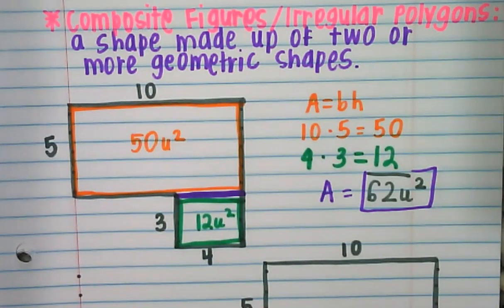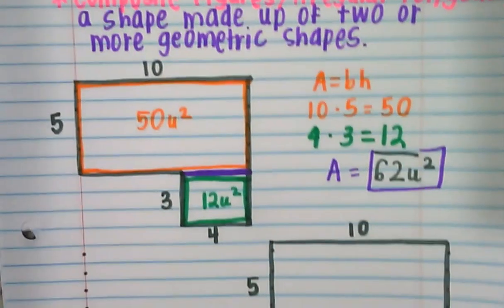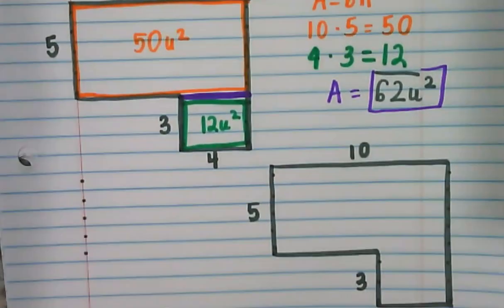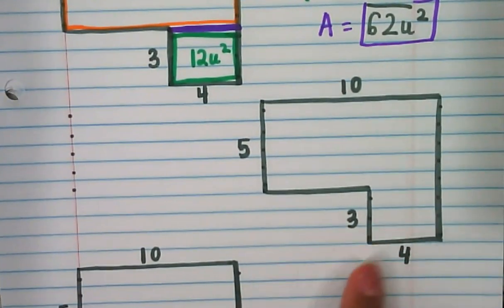All right, so now we're going to solve this two other ways, just to make sure we're aware that that's not the only way we could solve this type of problem. So I've drawn it another time right here. Now looking at this, some of you may have noticed that we could split this composite figure another way. So let me show you what I'm talking about.